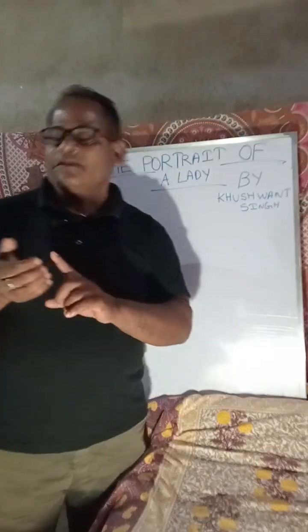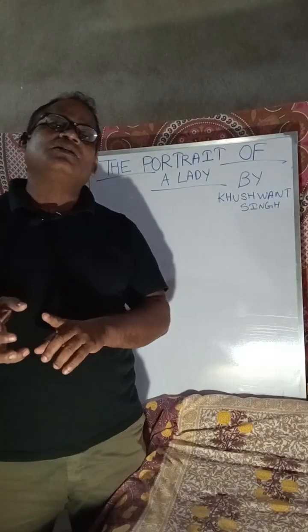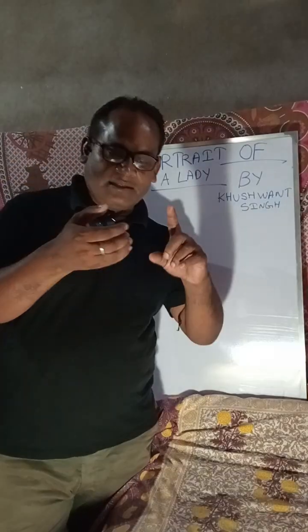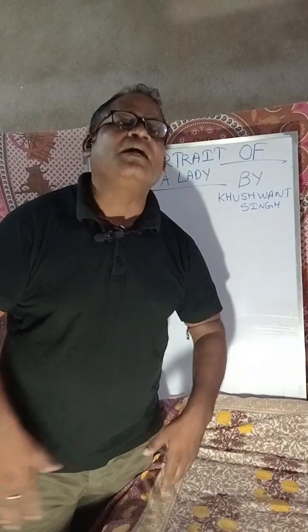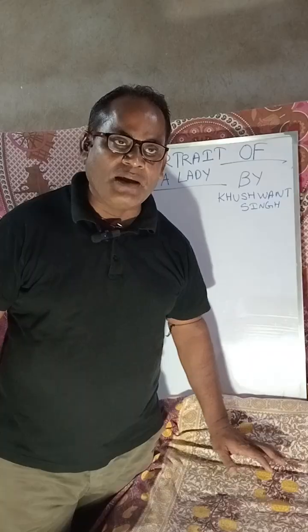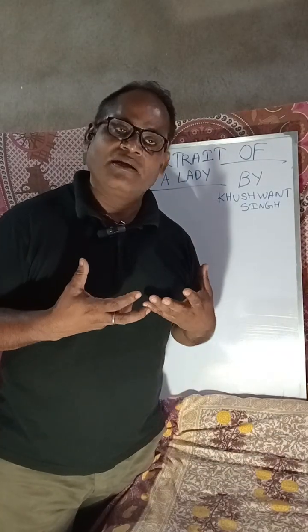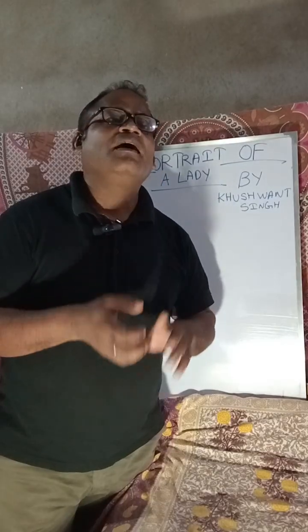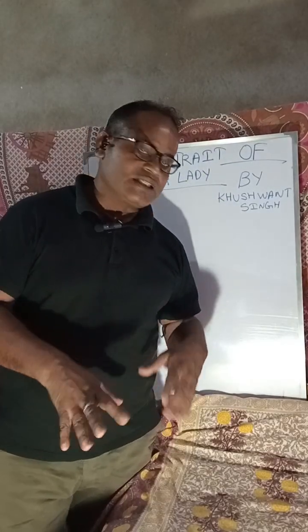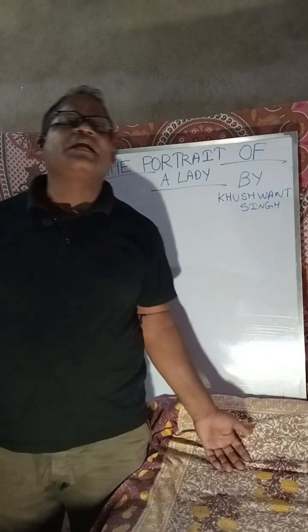The picture shows that his grandfather was an old man. Number one, he was old. Number two, he had a white beard. Number three, according to Khushwant Singh, this man could have many grandchildren.